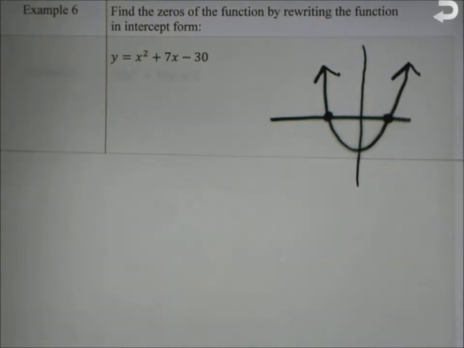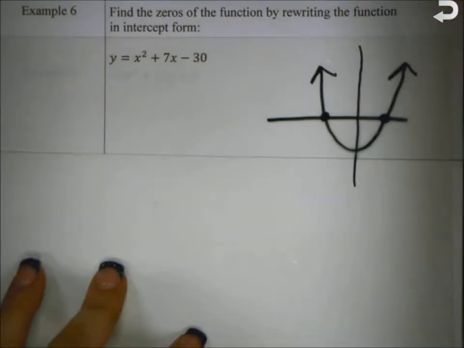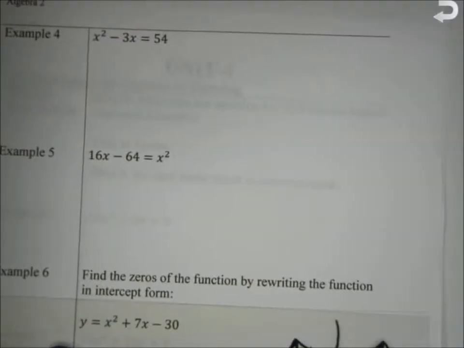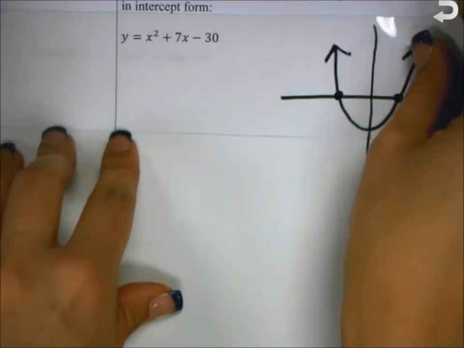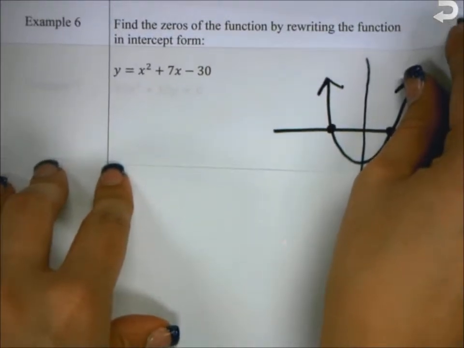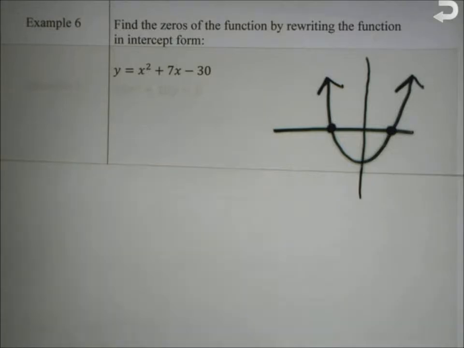No, because y is already set equal to 0. So that's all we have to do. So all they want us to do in this case is to set y equal to 0 and then solve the way we have been doing. So we're going to say 0 equals x squared plus 7x minus 30.